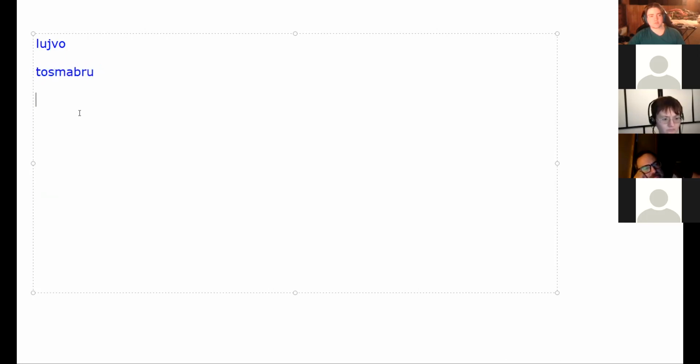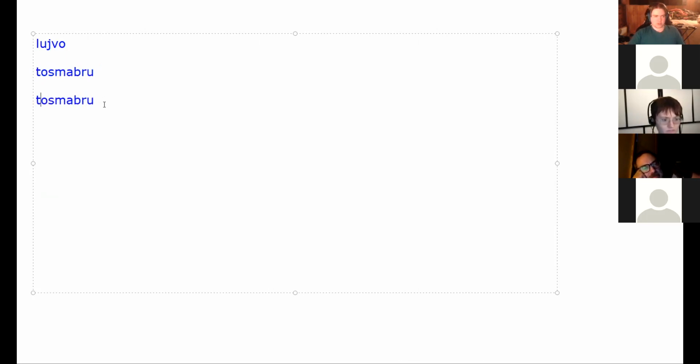So this looks like a good lujvo, okay? But the problem is, in speech, when you're pronouncing it, it can easily break up into to, smabru. So to is a cmavo, means left parenthesis. Toi means right parenthesis. Smabru is CCVCV, so that's a lujvo itself.